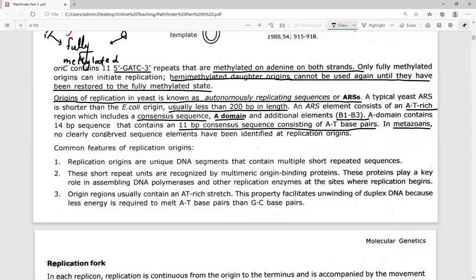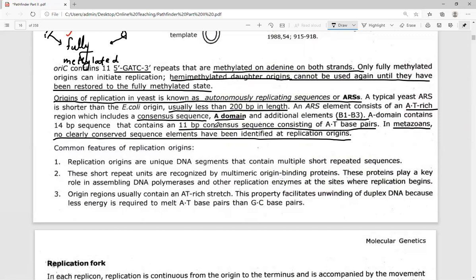Metazoans refer to the mammals, which are classified into three types: the prototherians, the metatherians, and the eutherians. In metazoans, no clearly conserved sequence elements have been identified at the replication origins.